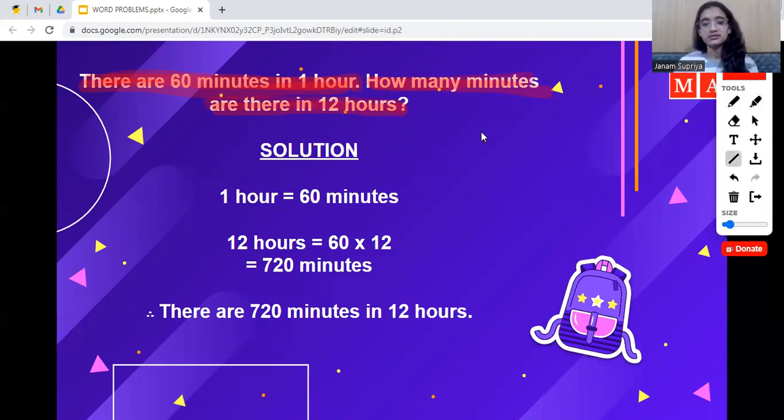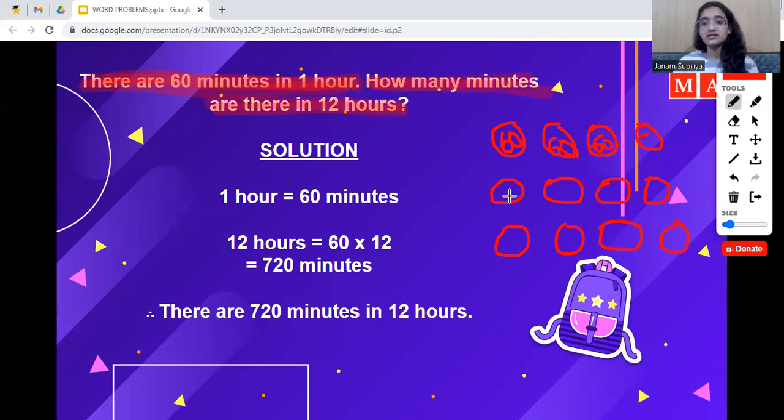Suppose we are having 12 hours. I'm representing it with circles, okay? Each circle is 1 hour, and each circle consists of 60 minutes, right? Every circle has 60.